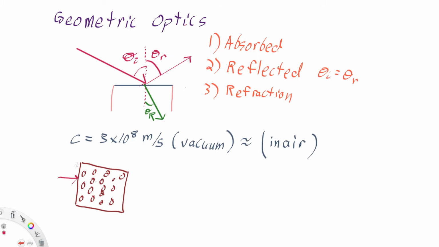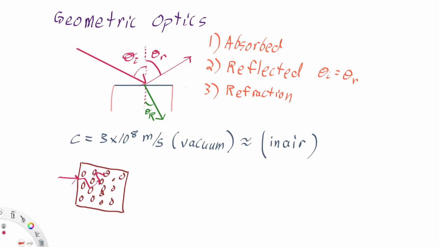And it can't really take a straight path anymore because it's going to run into the electrons that are around one of these atoms, and it's going to get deflected this way, and then it's going to run into this atom, and it's going to get deflected this way, and then from there it's going to get deflected maybe here.